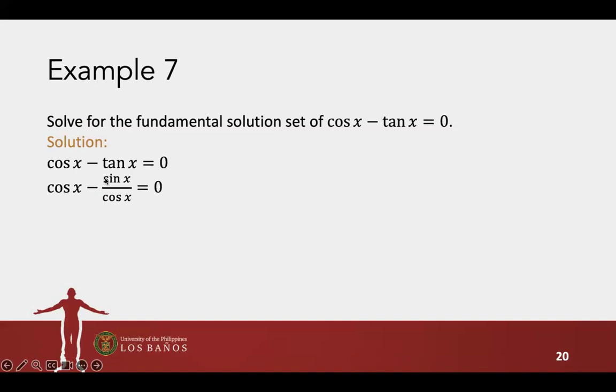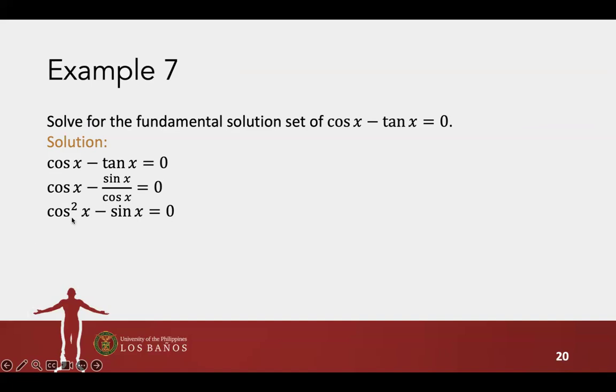So tangent is just sine x over cosine x. And then what we do next is to multiply everything by cosine x. So this now becomes cosine squared x minus sine x equals 0.